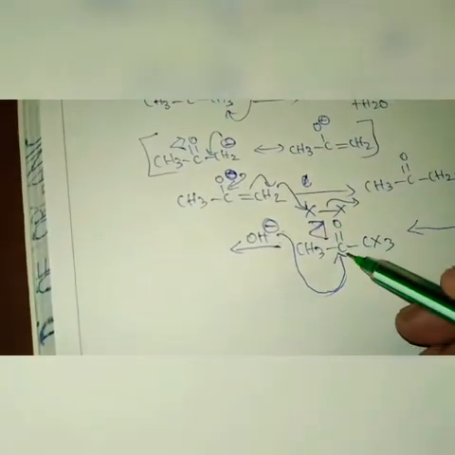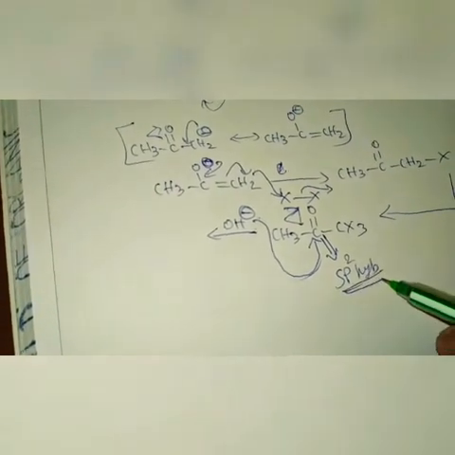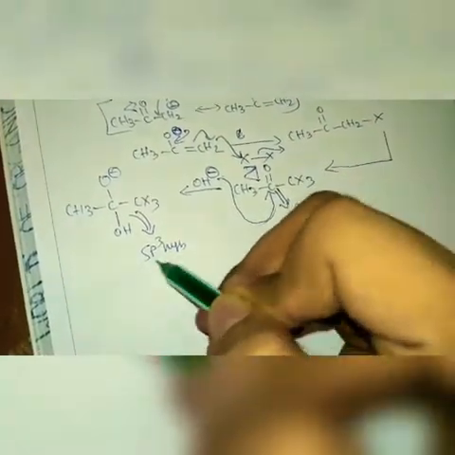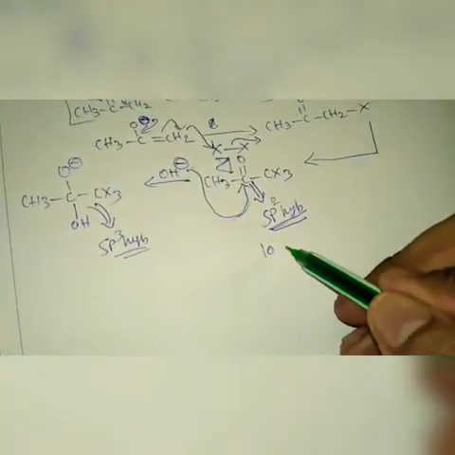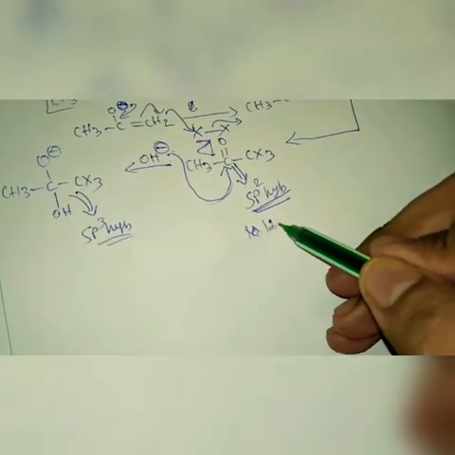This carbon here is sp2 hybridized, right? Hybridization. So now what happens? CH3, CO minus, CX3, OH. This carbon is sp3 hybridized. sp2 hybridized has an angle of somewhere around 120 degrees, right?